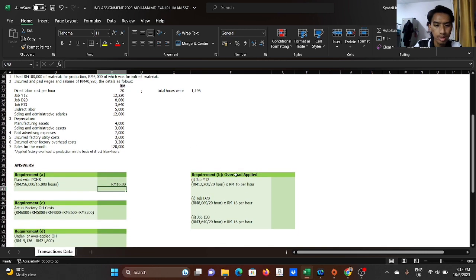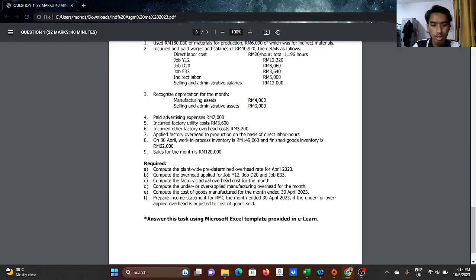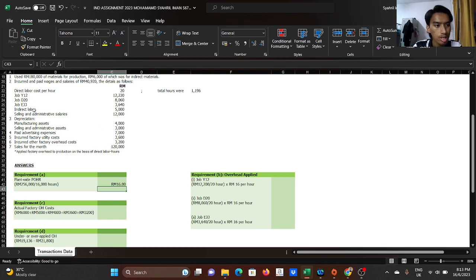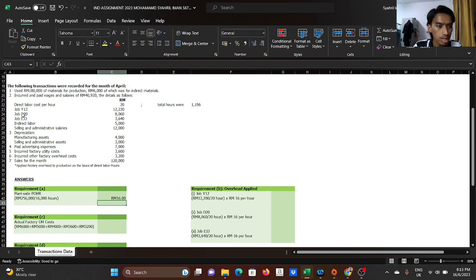Okay, next B, compute the overhead applied for job Y12, job D20 and job E33. For this question, the question has given the total amount for each job. So we take each job's total amount and divide by the direct labor cost per hour, which is 20, and we multiply by the answer that we got earlier, which is RM16.